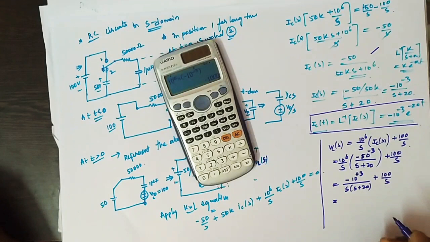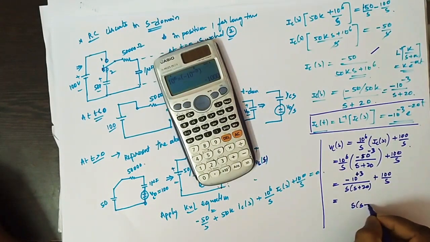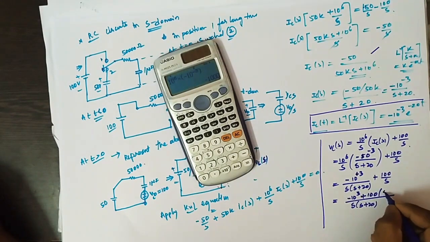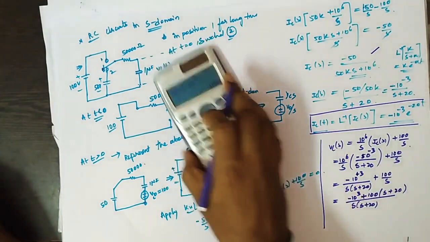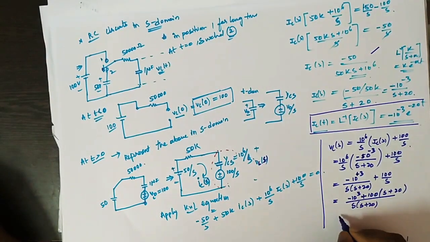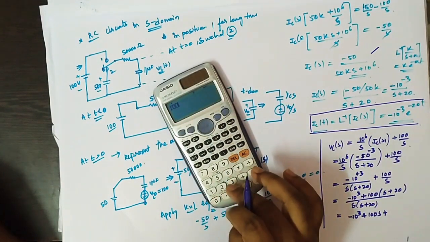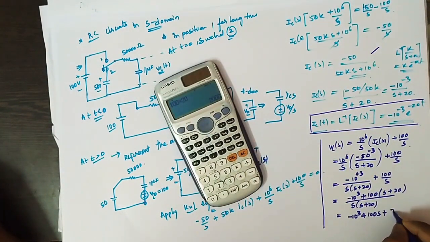So take the LCM here. Minus 10 power 3 plus 100 into S plus 20. You will be getting minus 10 power 3 plus 100S plus 100 into 20, so 2000, by S into S plus 20.